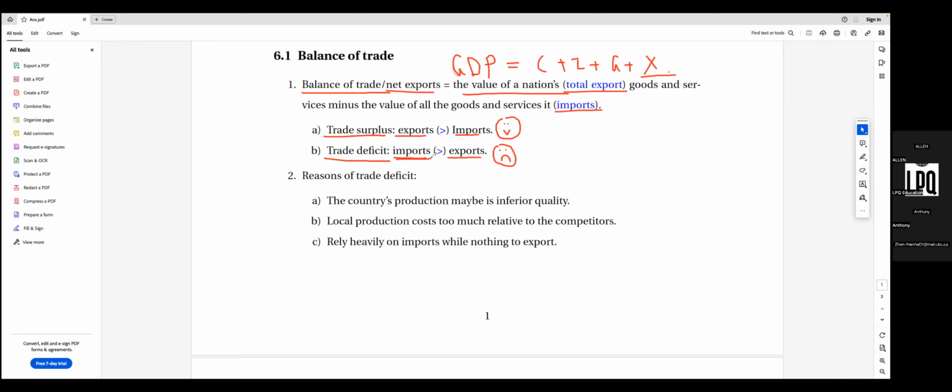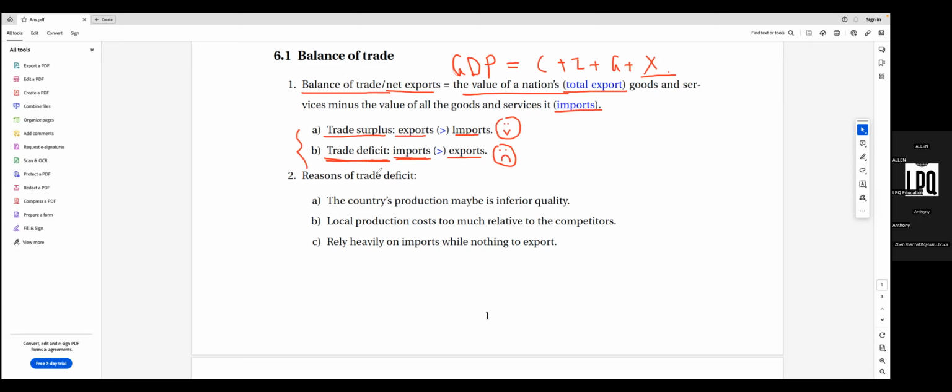So this situation could happen, right? In which importing value is greater than exporting value. This is called a trade deficit. So this could be a very bad situation. Okay, so this is how you calculate the balance of trade.